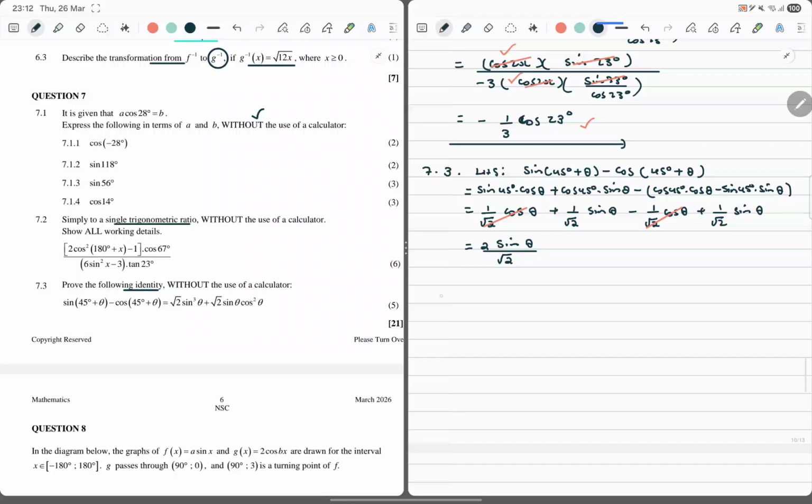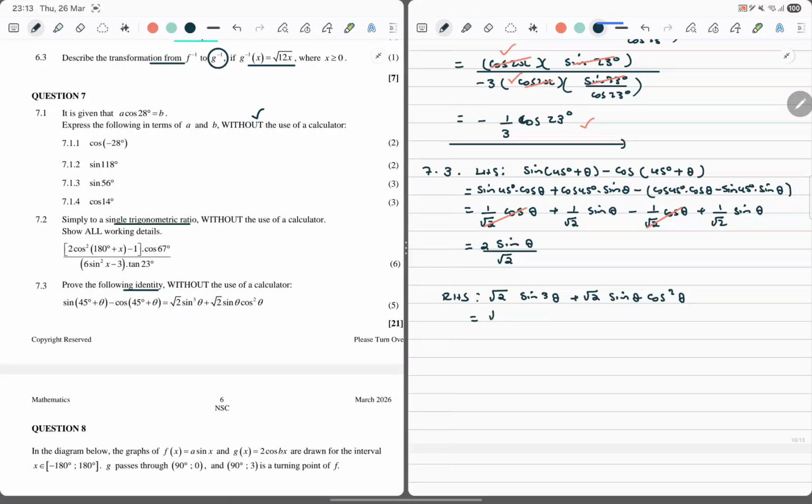So we take the right hand side and sort it out. So we've got root 2 sine cubed theta plus root 2 sine theta cos squared theta.